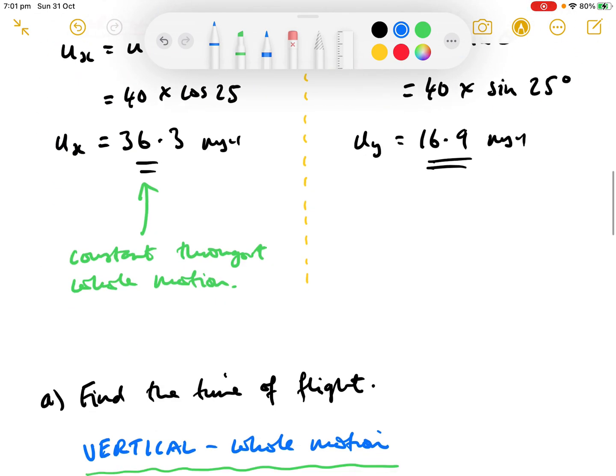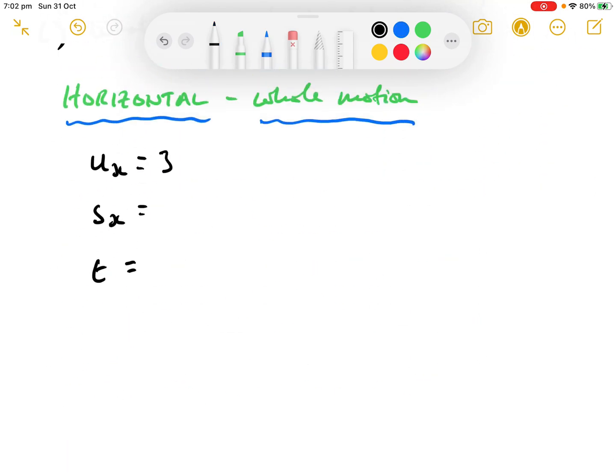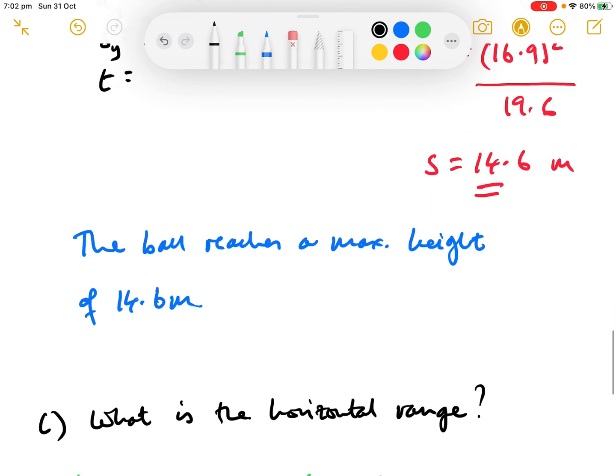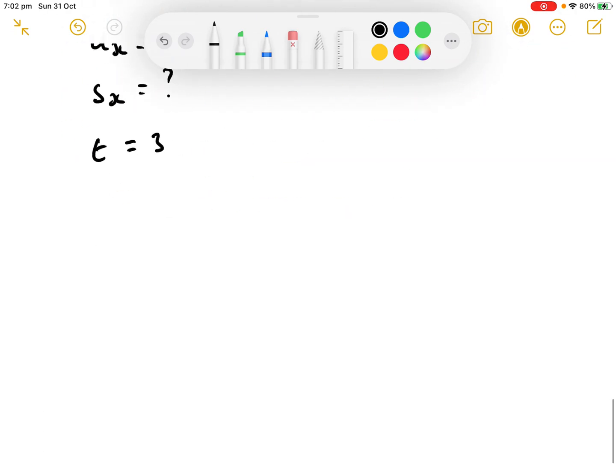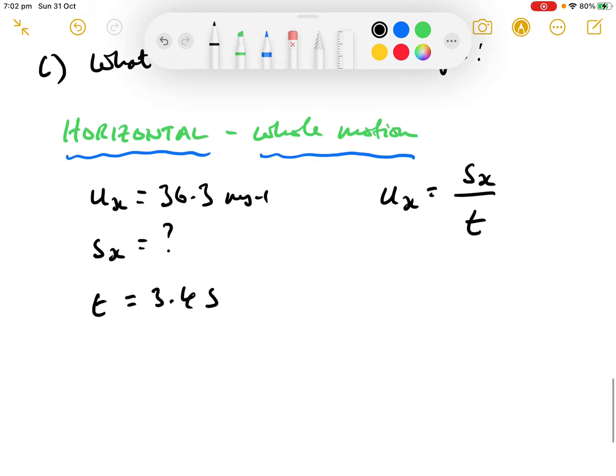Well, right back at the beginning, we got the horizontal velocity 36.3. That's uniform throughout. There's my unknown. And my time of flight I got earlier, 3.4 seconds for the whole motion. So ux is sx over t. That's just the simple velocity equation.